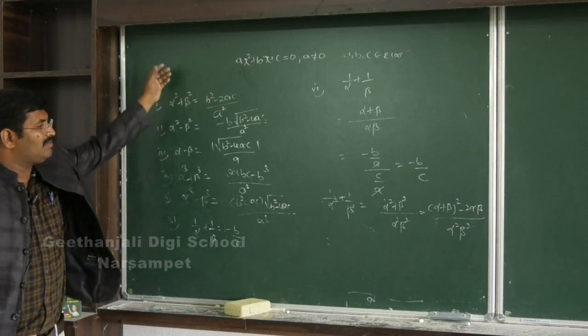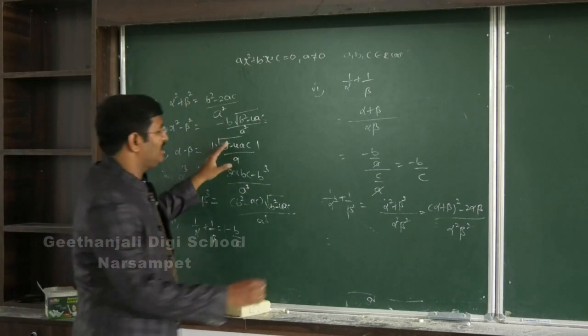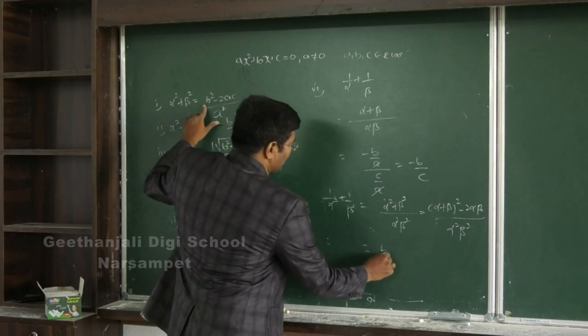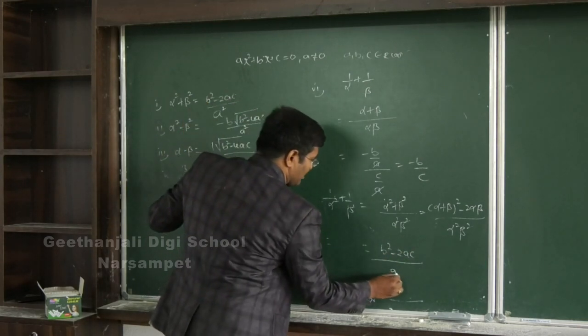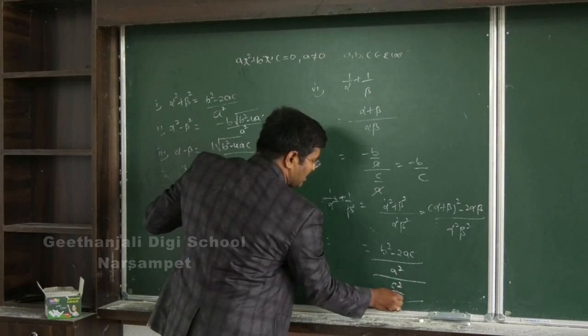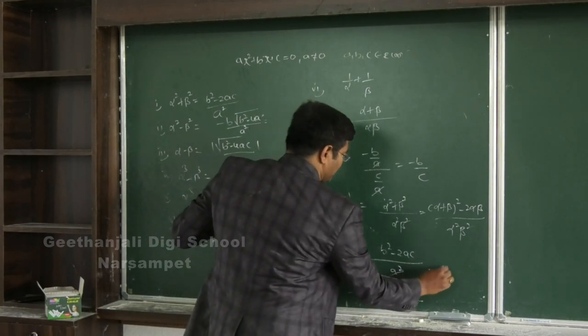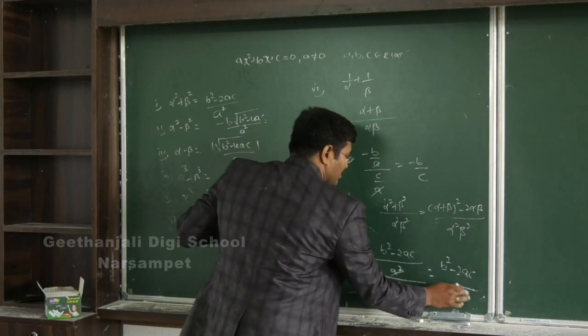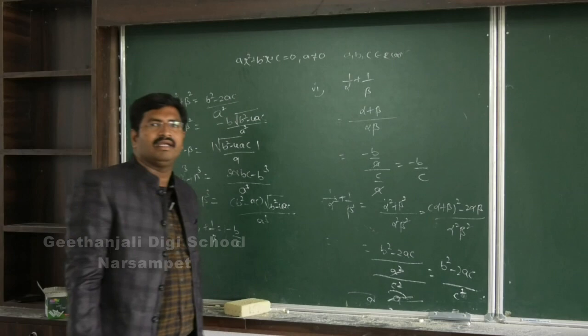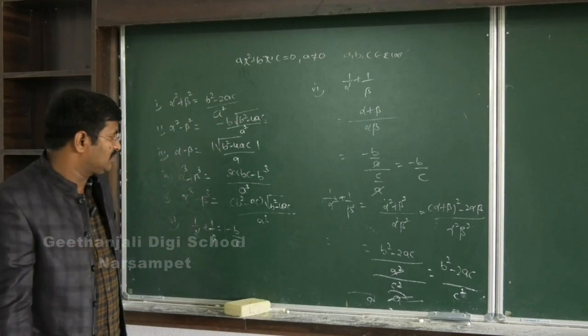Then alpha square plus beta square is simply b square minus 2ac by a square. Then alpha beta whole square means c square by a square, which cancels, so it is b square minus 2ac by c square.